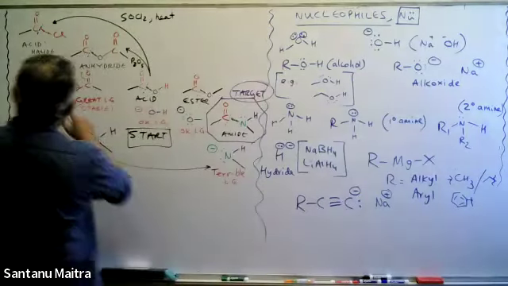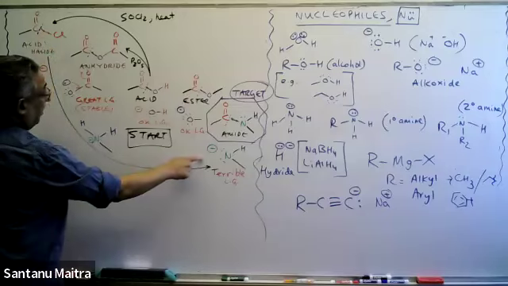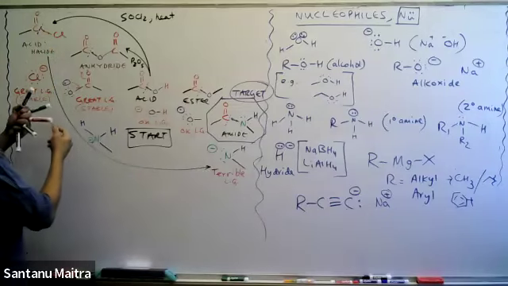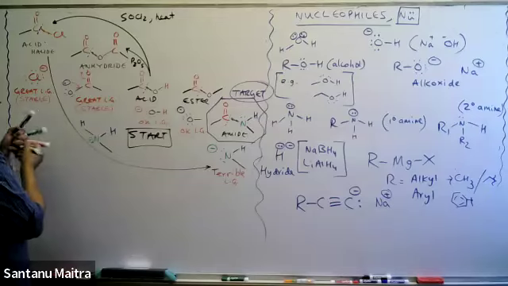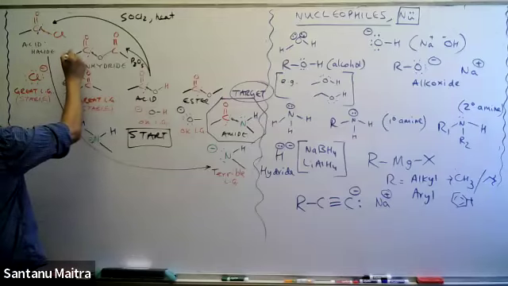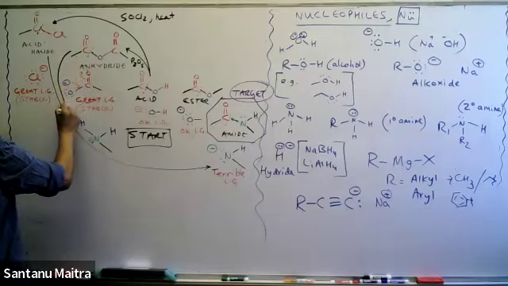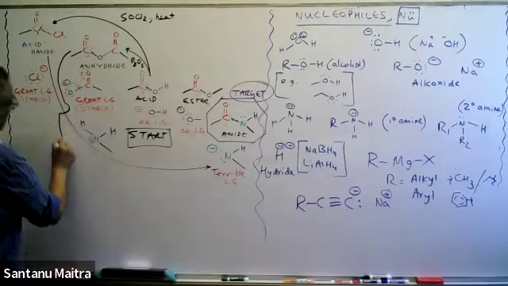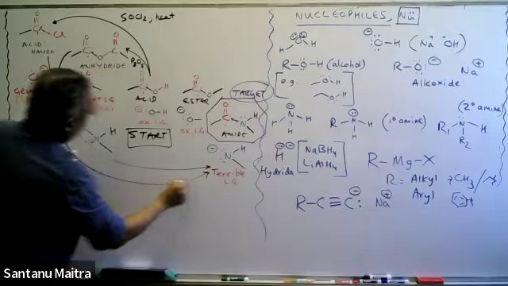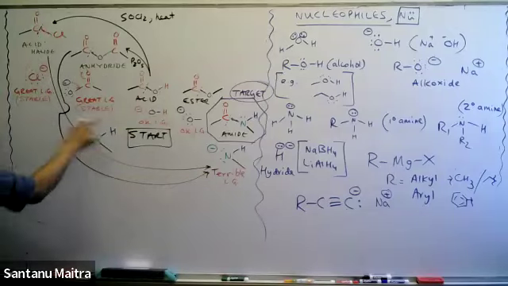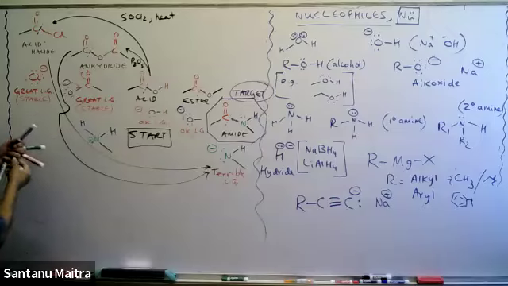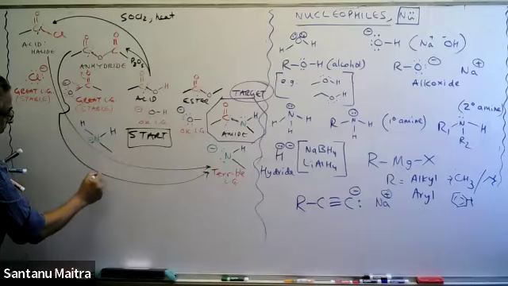Okay, so you can go from the acid halide to the amide, or you can also go, I don't know how I am going to draw the line, you can also go from the anhydride to the amide. What do you use? Same thing.